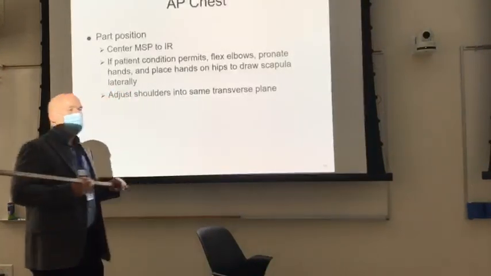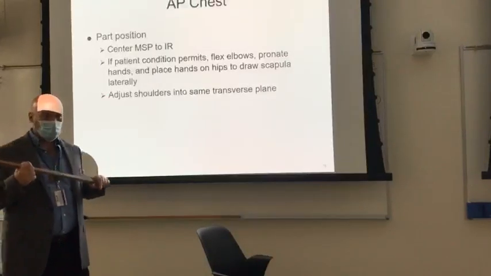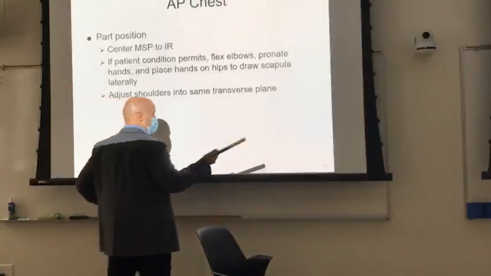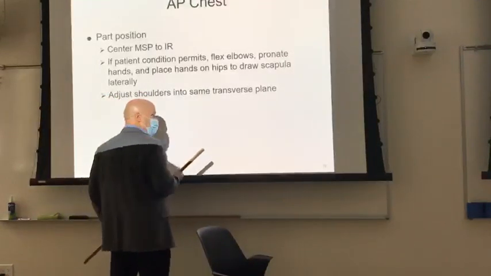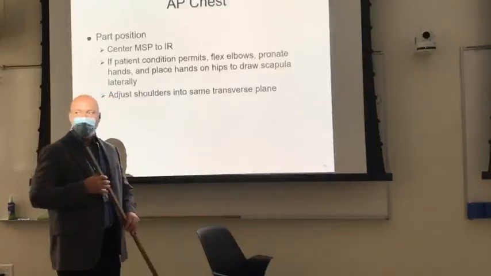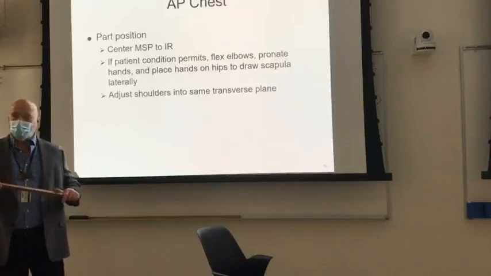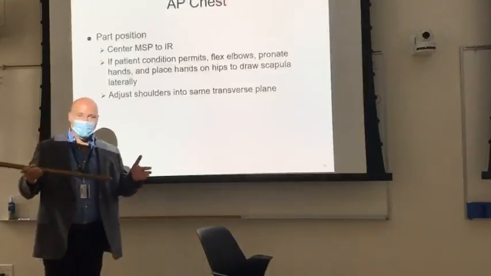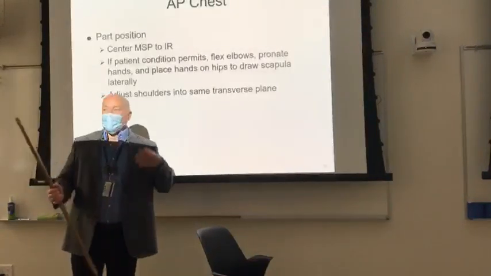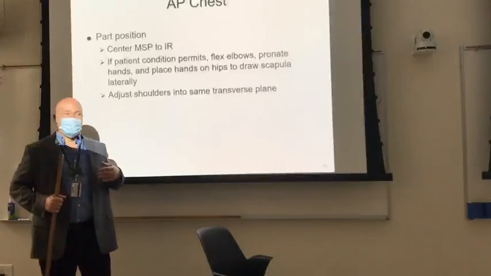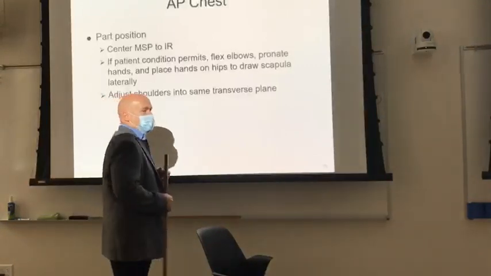Now, what was the central ray perpendicular to on a PA when you rotated the patient's shoulders? What became vertical when you rotated the patient's shoulders? Sternum, right. The sternum became vertical, right? So what did I say was going to happen if you didn't rotate the shoulders forward on PA?